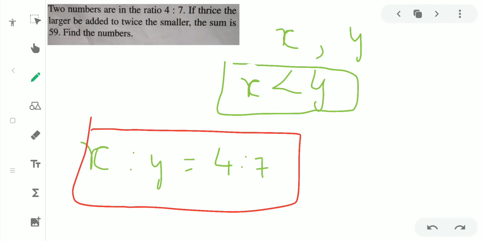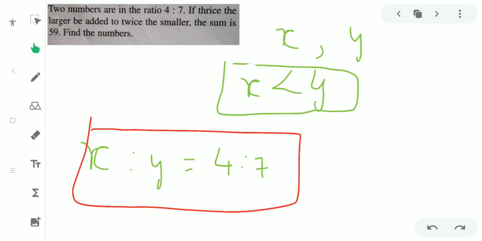Next is given: if thrice the larger number is added to twice the smaller number, the sum will be 59. So we took x as the smaller number and y as the greater number.